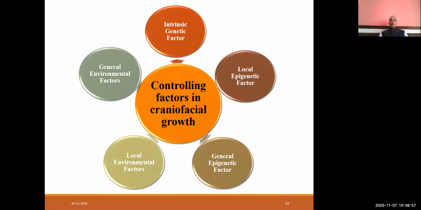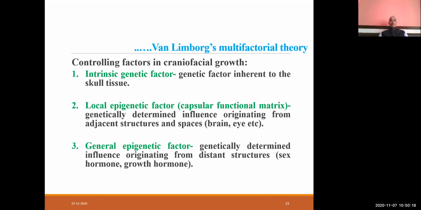Okay. The controlling factors in craniofacial growth include intrinsic genetic factors, local epigenetic factors, general epigenetic factors, local environmental factors, and general environmental factors. These are the controlling factors in craniofacial growth according to Van Limborgh.